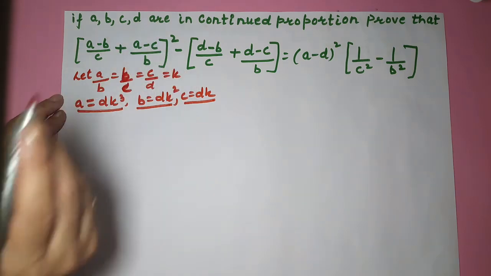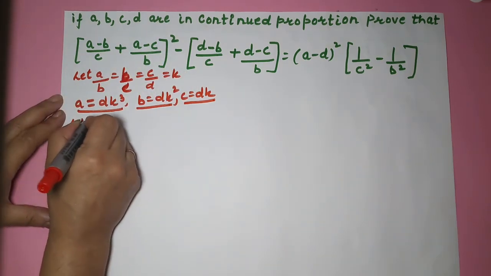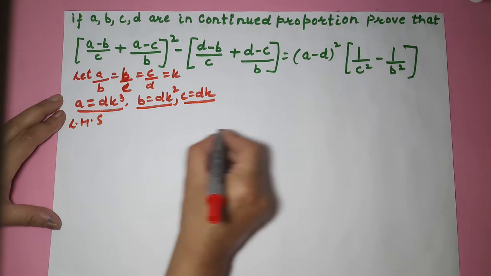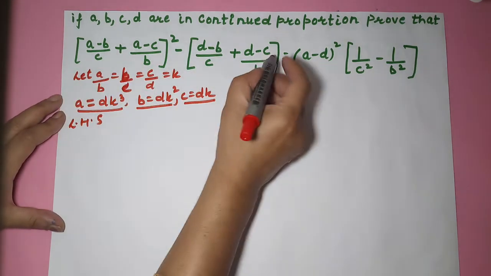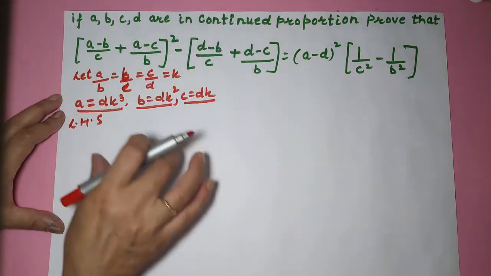Fine. So let me go to the left hand side part of the question. I'm not repeating the question here because here I have less space, but when you are doing these questions in the examination, you should write the question here.